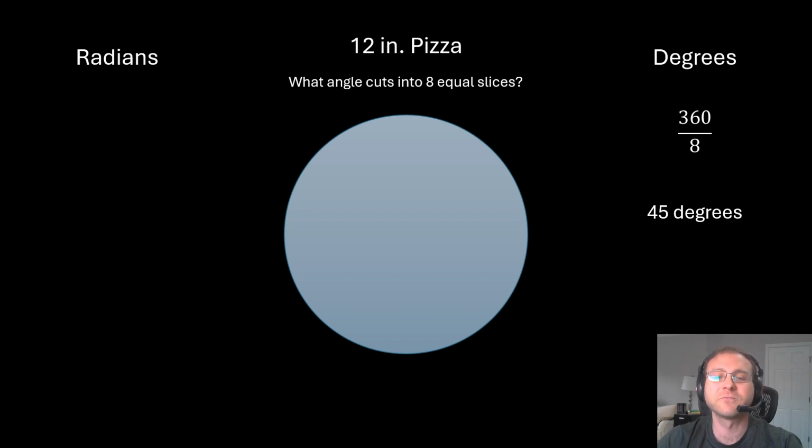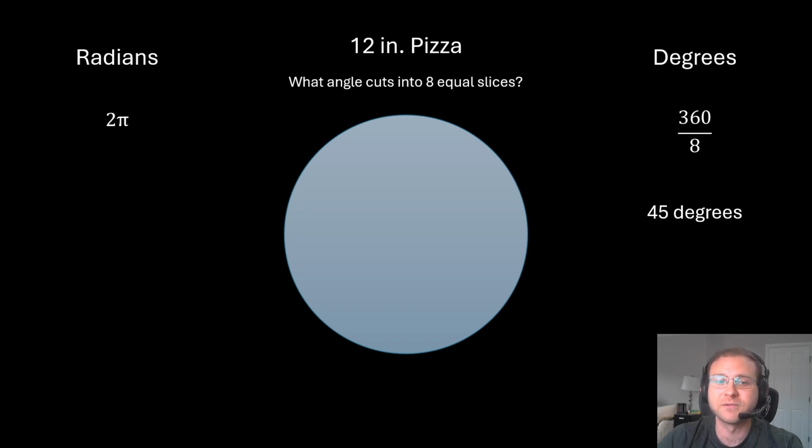To find this angle using radians, it's a little more complicated. The radian relates specifically to the radius of the pizza. So if we want to divide the whole pizza evenly, we have to first find out how many radians are in the whole pizza. And the formula for the number of radians in a circle is 2 times pi. We have to use pi here to accurately describe the number of radians in a circle.